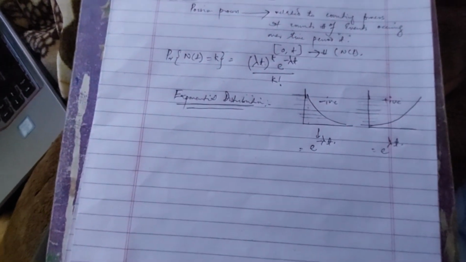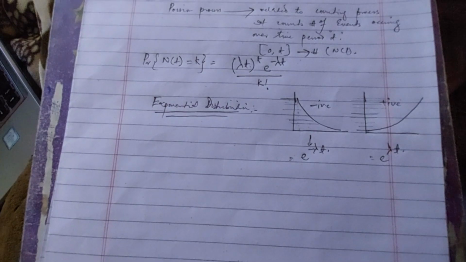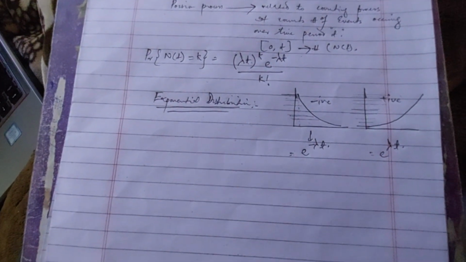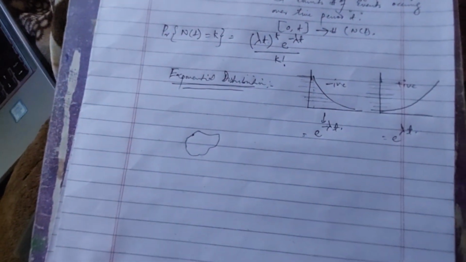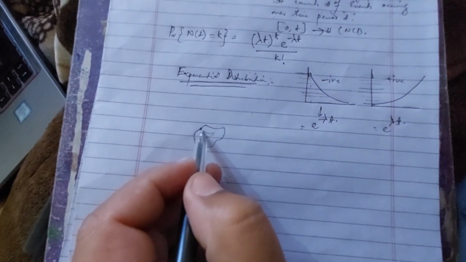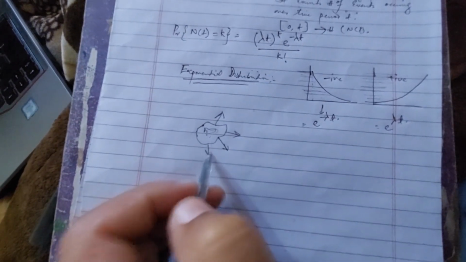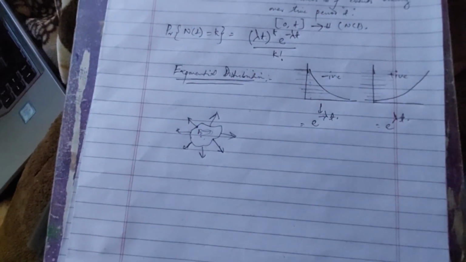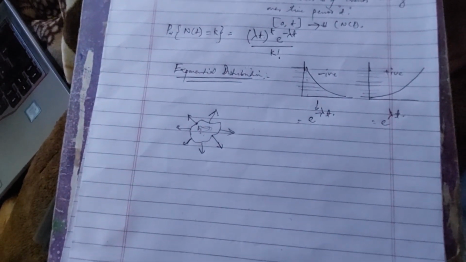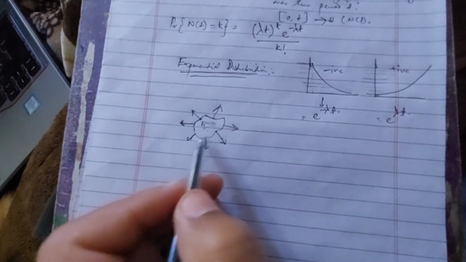For example, a radioactive material. We talk about the radiations. Initially the radiations emitted are very high, and then the process slows down until the material is decayed completely.